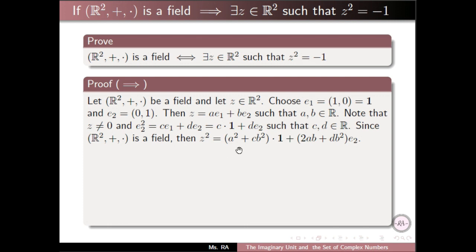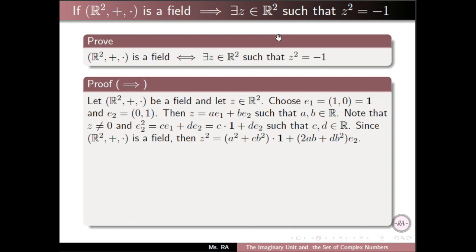Just multiply z, so we have a times e sub 1 plus b times e sub 2 to itself, and then you're gonna encounter an e sub 2 squared there. Just substitute this value. It will give us z squared is equal to the quantity a squared plus c b squared times the vector e sub 1, plus 2ab plus d b squared times e sub 2.